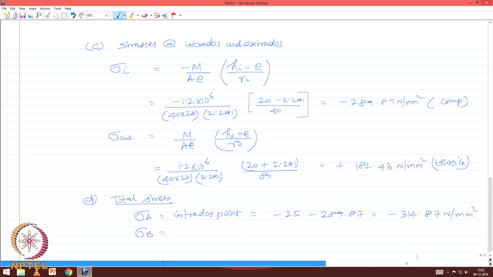Stress at the point B, which is extrados point, the extreme fiber on the outside, is the direct stress, and the stress due to moment is tensile. So, the net stress is 157.43 Newton per mm square. This is compressive and this is tensile.